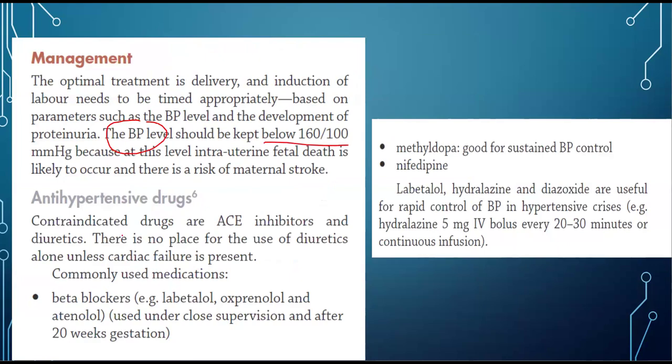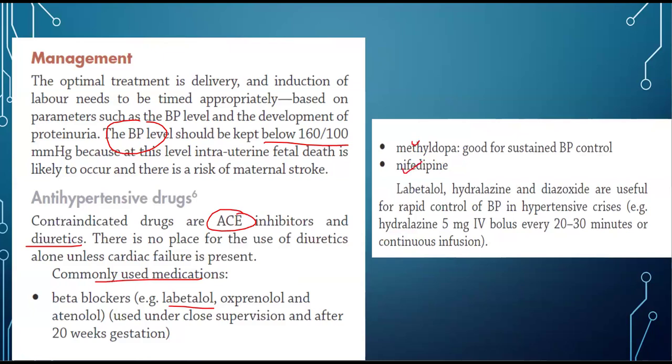Okay? So what antihypertensive drugs can we use in pregnancy? Contraindicated antihypertensives are ACE inhibitors, ARBs, and diuretics. The commonly used antihypertensives are beta blockers, like labetalol, which we use very commonly. Then methyldopa, nifedipine.